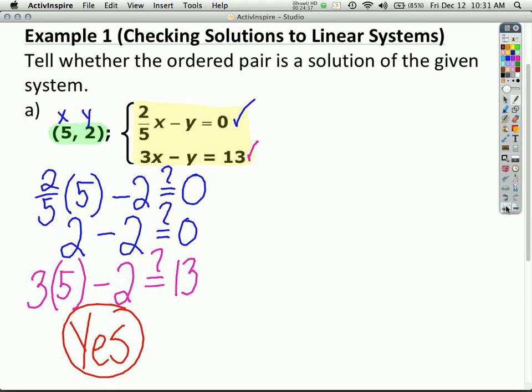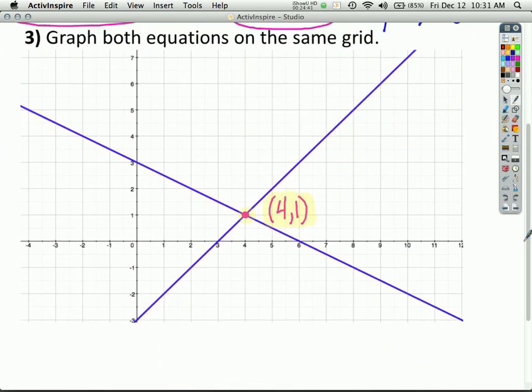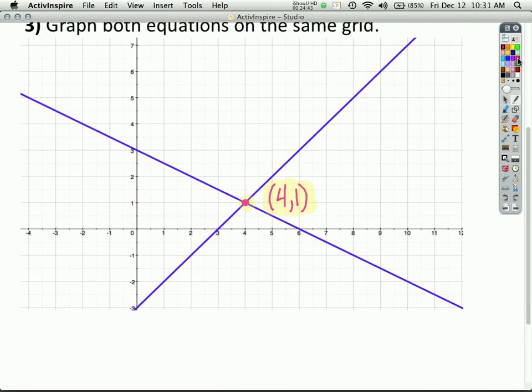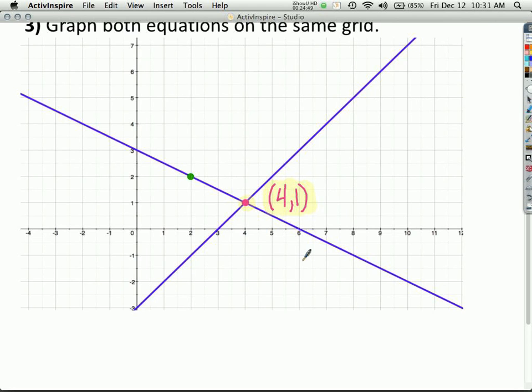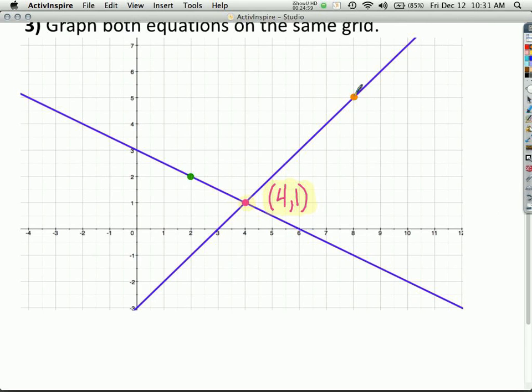Let me go back to the warm-up for a moment so I can show you something. I want to make sure we're clear on it. If I put a point right here, that green dot is a solution to this equation. If I put an orange dot right here, that is a solution to this equation.